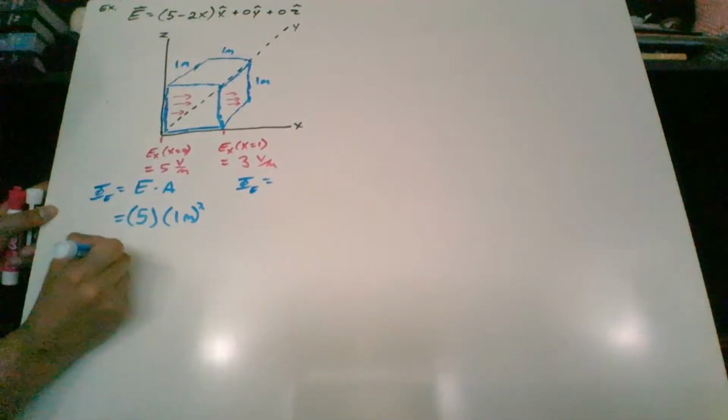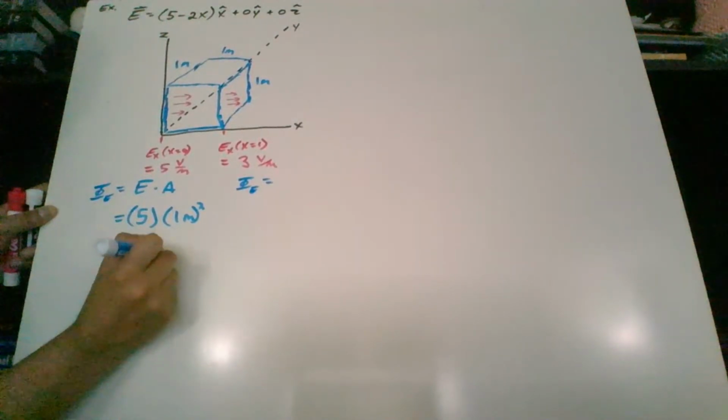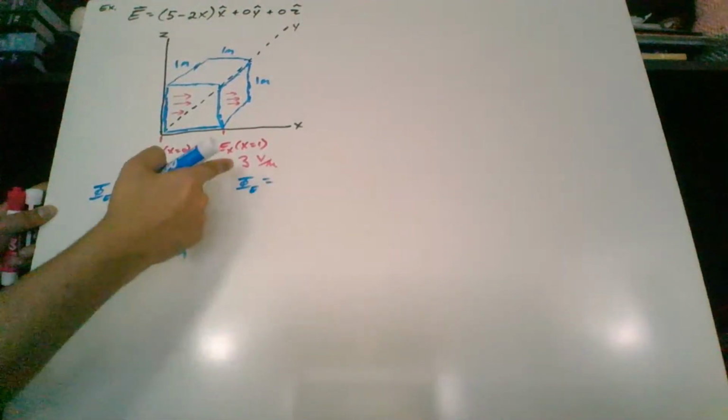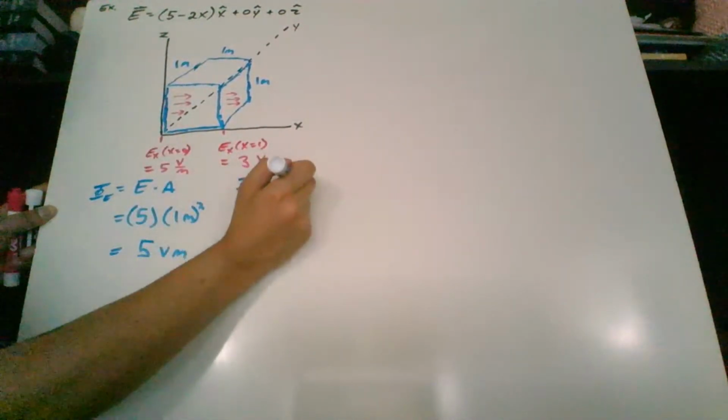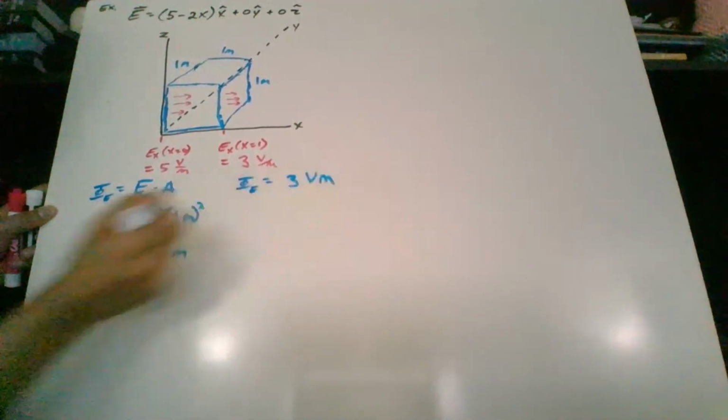So the flux is equal to 5 volts per meter. And if we do the same thing over here, it's going to be 3 times 1 meter squared. It's going to be 3 volts per meter.